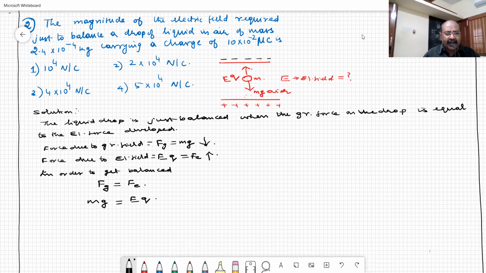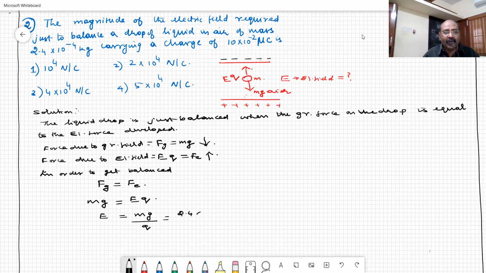So simplify, what is the value of the electrical field now? The value of electrical field is M into G divided by Q. Substitute, what is the mass? The mass is given to be 2.4 into 10 power minus 4 kilogram.